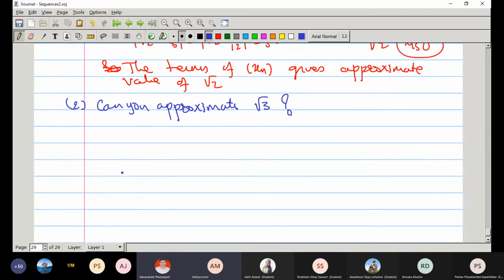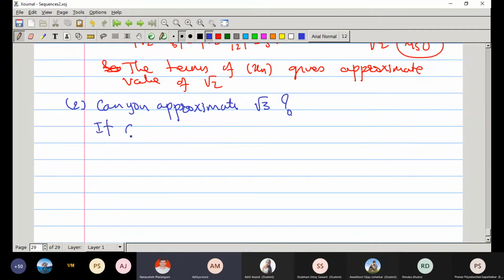How can you approximate root 3? Right, so you can find an approximate value of root 2 in this way. Just choose larger n and calculate the corresponding term. That will give more and more correct values of root 2.